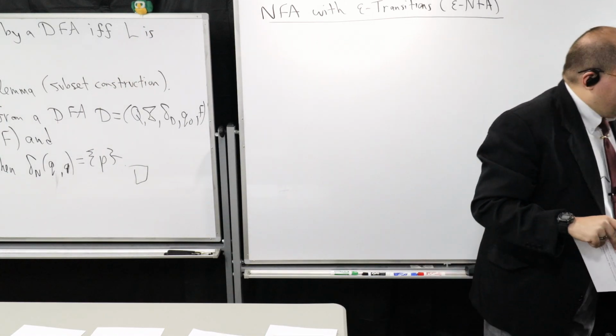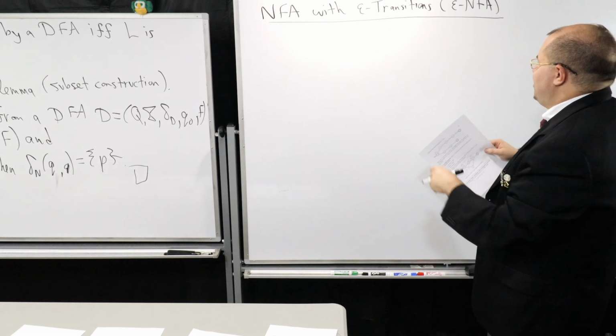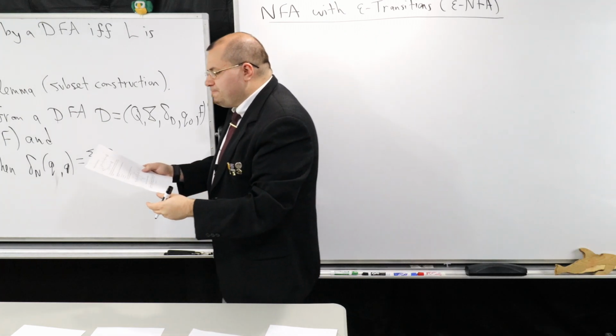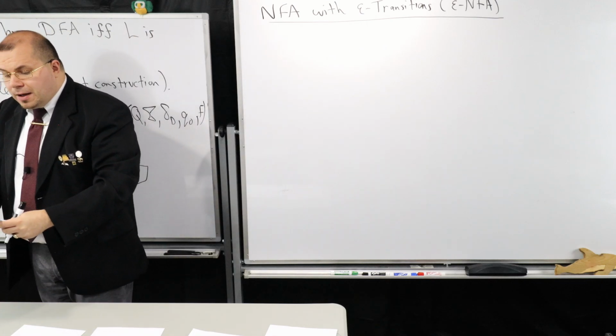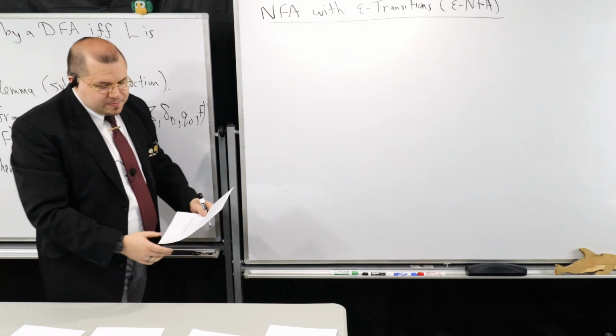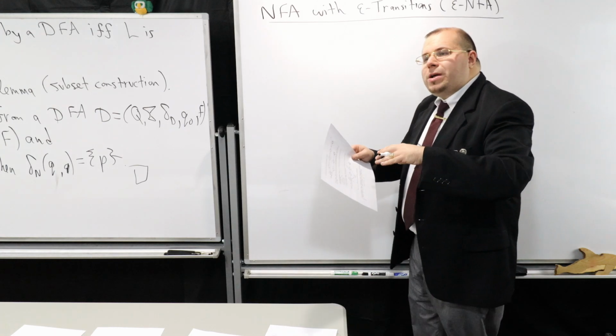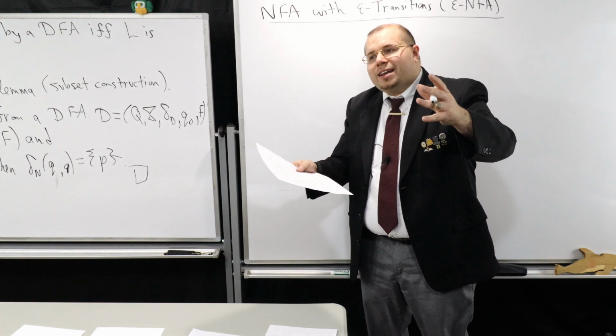So that's an epsilon-NFA at the top there. So what I'm going to do is take the idea of an NFA. Now remember, on an NFA, we can go to a set of states, right?